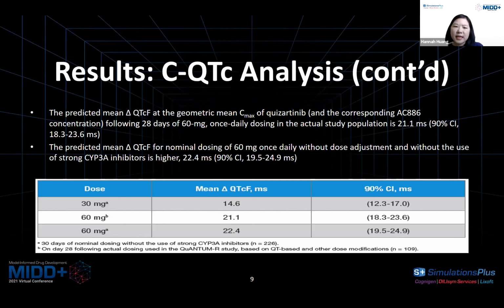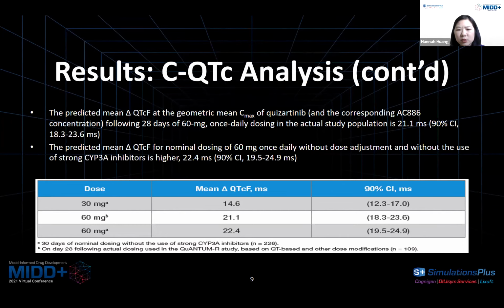To understand the clinical relevance of QT prolongation, the final model was used to predict the mean delta QTcF and 90% confidence interval at steady state Cmax, steady state maximum concentration following various dosing scenarios.